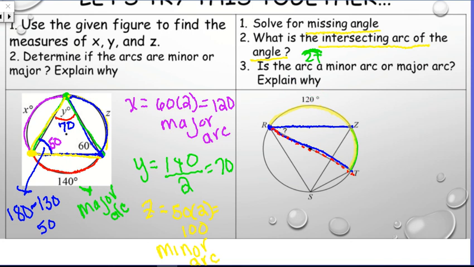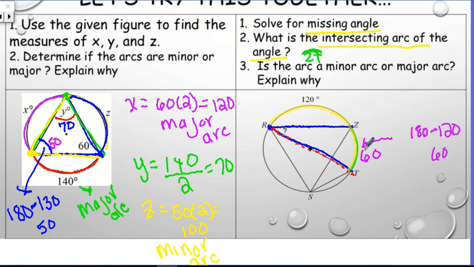Well, I already know that this piece right here is 120. So to get this piece, I do 180 minus 120, which leaves this piece right here to be 60. So I found that intersecting arc, so no problem. I can find the angle now.